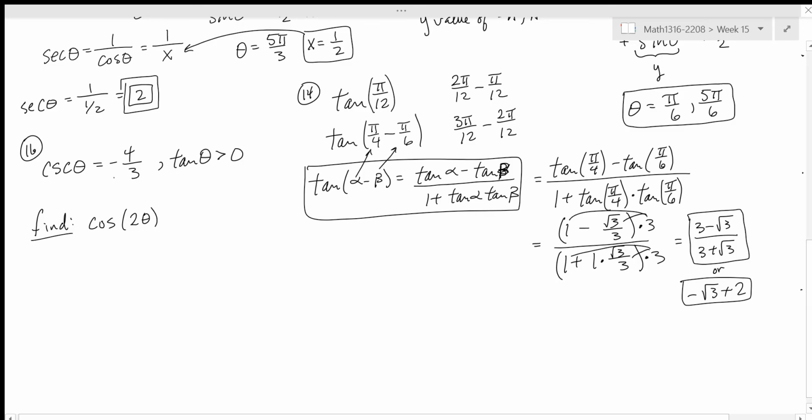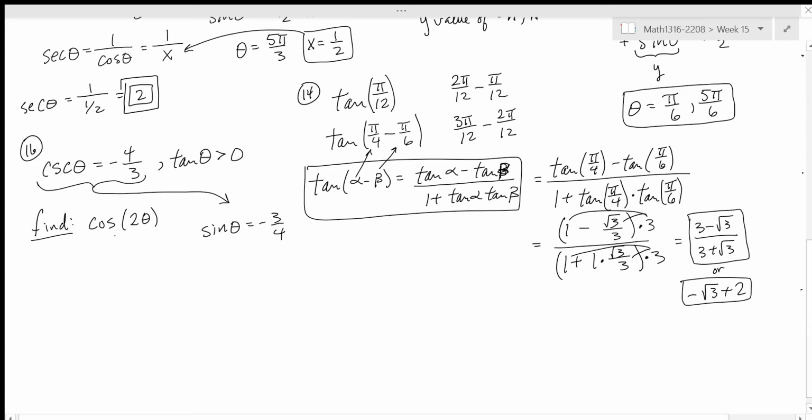If I take this information, I can say sine theta is negative 3 over 4. Right? Because cosecant is the reciprocal of sine. So if I flip this side, I've got to flip this side.